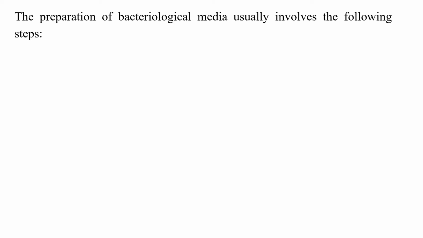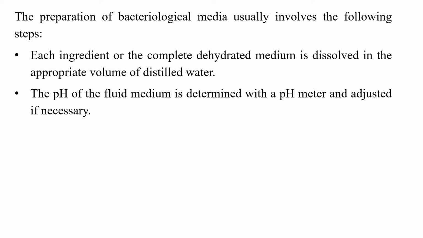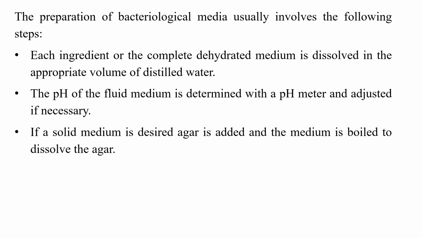The preparation of any bacteriological media involves different steps. First, each ingredient must be dissolved in an appropriate volume of distilled water. Then determine the pH of the medium using a pH meter and make the necessary adjustment. If you want to prepare a solid medium, add the desired amount of agar and boil the medium to dissolve the agar.